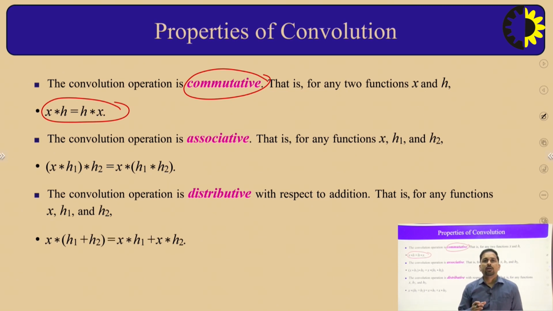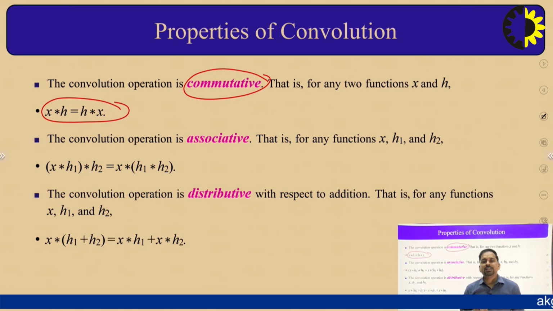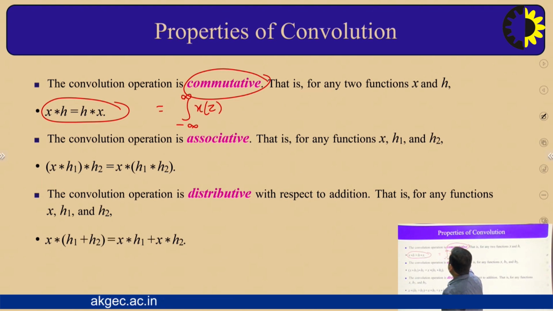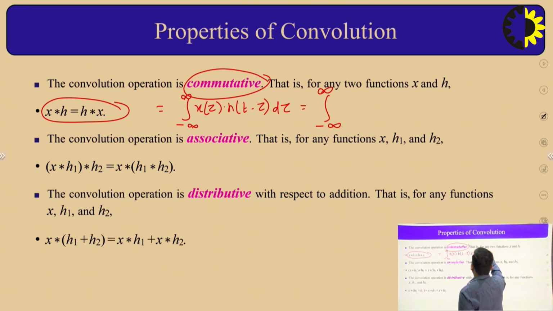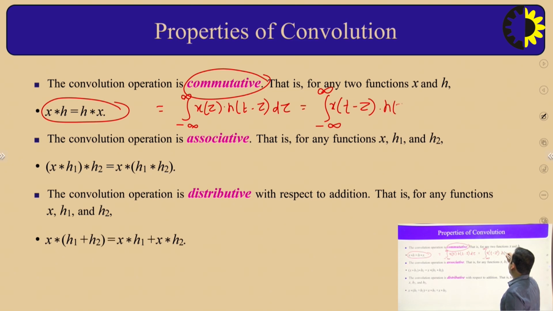We need to avoid shifting or reversal in the complicated signal, and whichever signal is easiest will be made h(t minus tau). This can also be written as, as we have already seen, integral from minus infinity to infinity of x(tau) multiplied by h(t minus tau) d tau, which also equals integral from minus infinity to infinity of x(t minus tau) h(tau) d tau. This is called the commutative property.